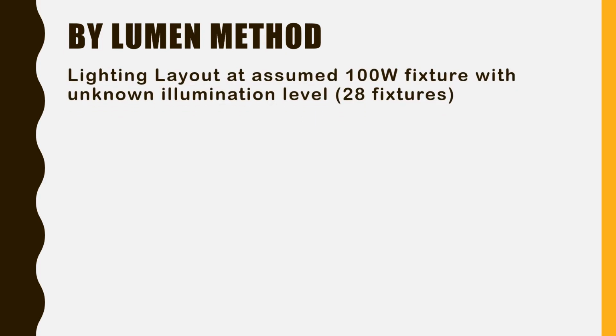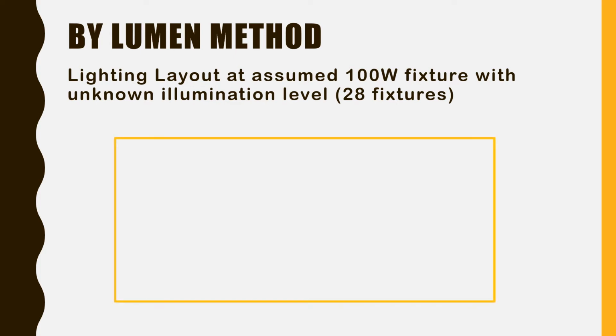Now let us go to the second type of calculation for the lighting load, and it is by lumen method. Lighting layout at an assumed 100 watt fixture with a known illumination level: 28 fixtures.